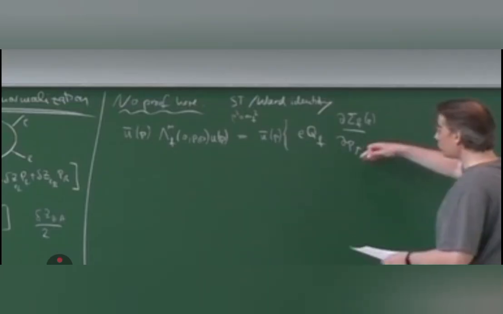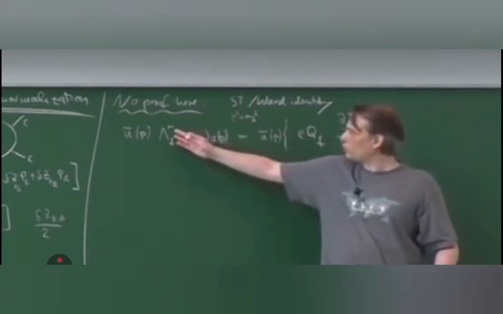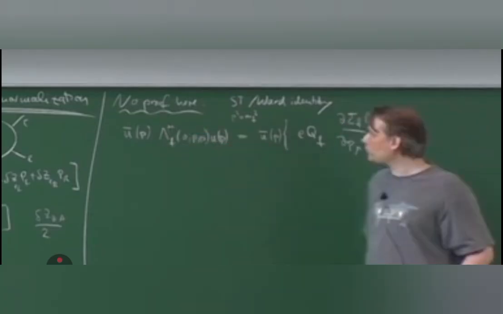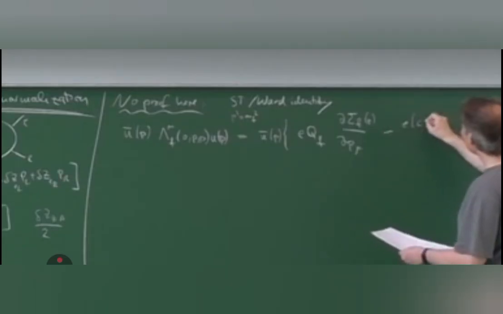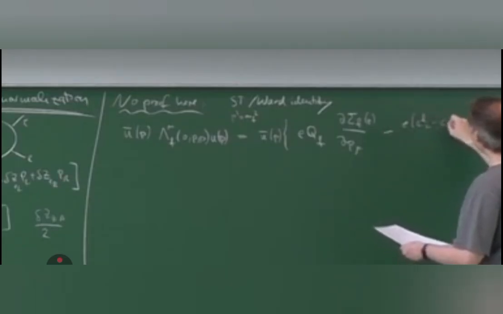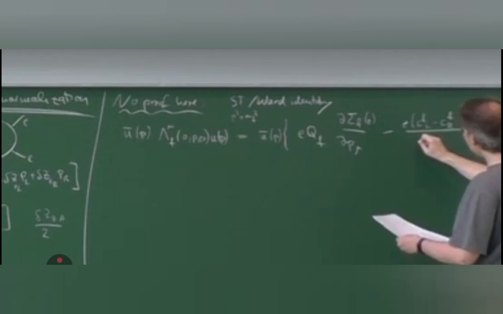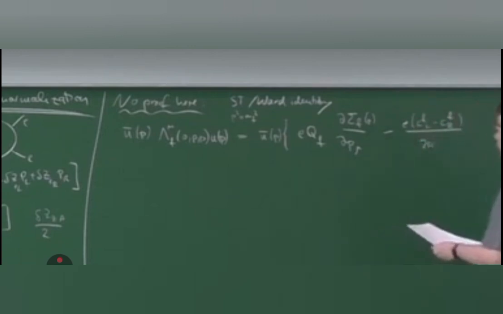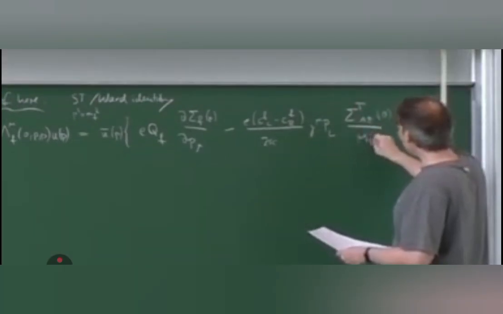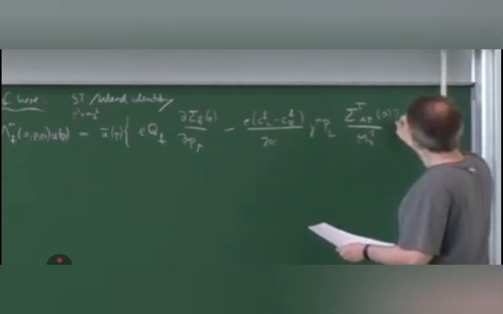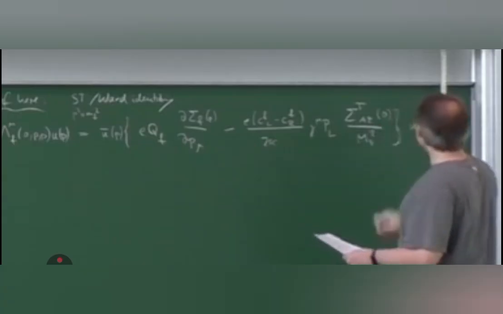So the result is a Lorentz index quantity comparable to lambda mu on the left-hand side. Then we have minus e times (C_F^L minus C_F^R) divided by 2 times sine times cosine times gamma mu P_left times the following: sigma transverse AZ at momentum 0 divided by m_Z squared, then times the spinor u of p.